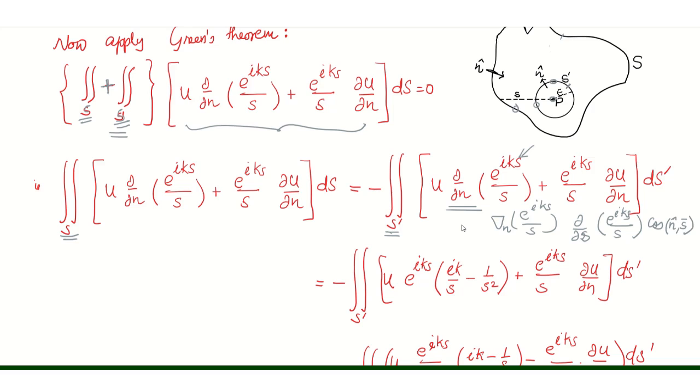But these are... this n is along the normal and s is going to be along the normal, and therefore this is going to be 0, and therefore cos 0 is 1, and that's why you just take the differentiation with respect to s. For this surface S, which is a spherical surface, n is pointing outwards because pointing into the volume.